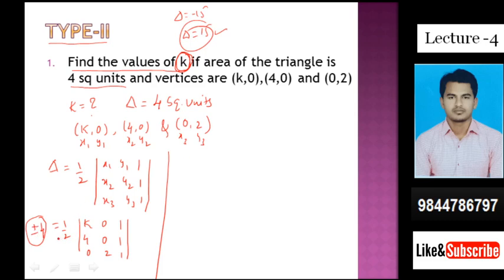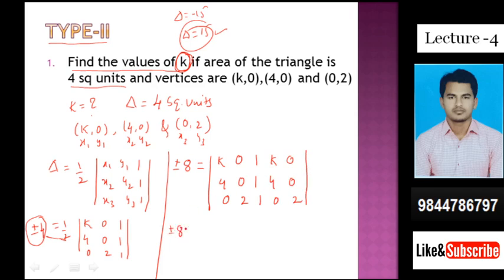Now cross multiply here. Plus or minus 4 2s are 8 is equal to the determinant of k 0 1, 4 0 1, 0 2 1, that is k 4 0 0 0 2. This is the determinant.